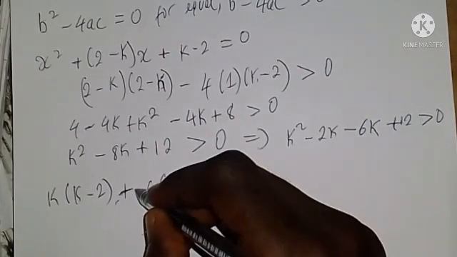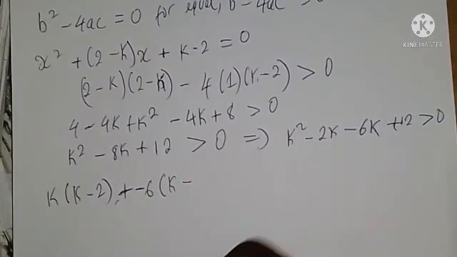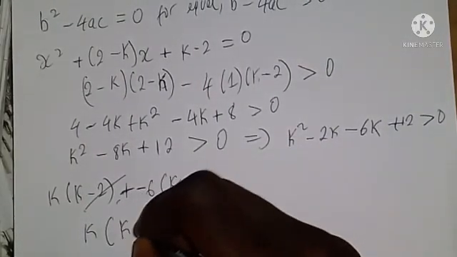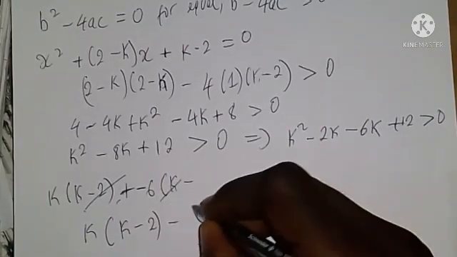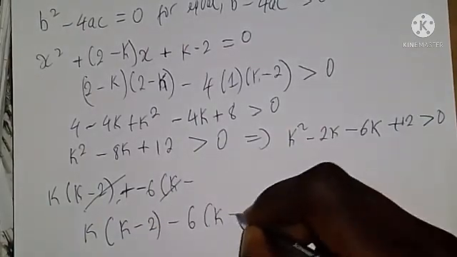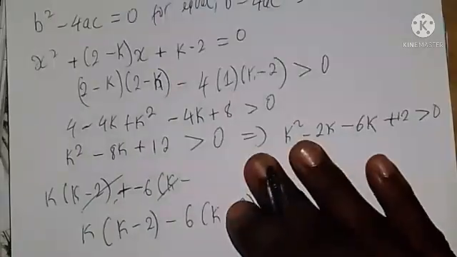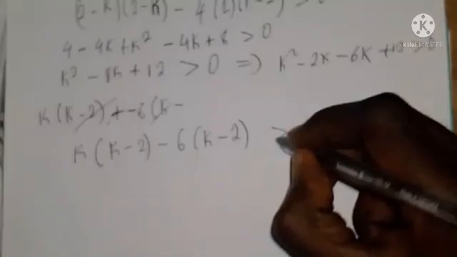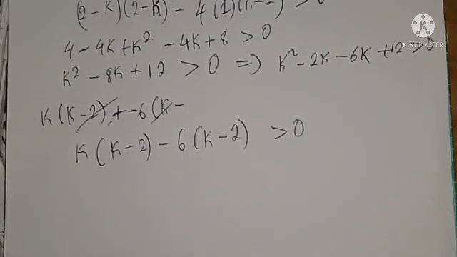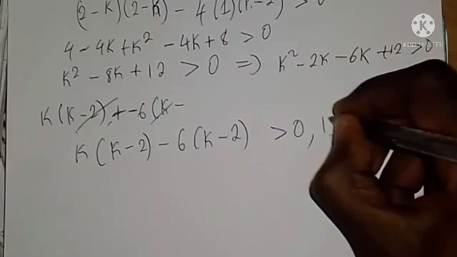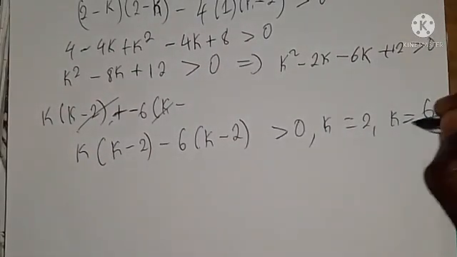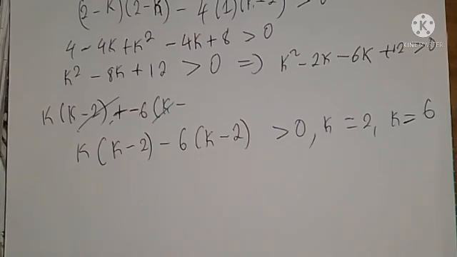Sorry, here we're supposed to have a negative sign, so let me just write everything again. So what are our critical values here? Our critical values here are going to be k equals 2 and k equals 6.